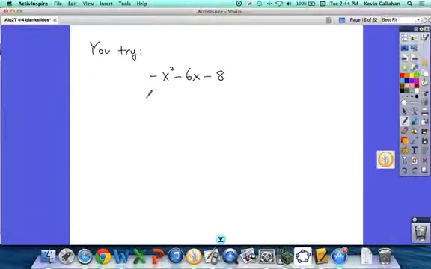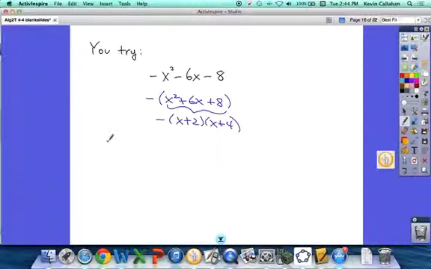You definitely need just one negative sign that goes with this. Right? Negative x squared plus 6x plus 8. And then that by itself is x plus 2 times x plus 4. And then you put the minus in front.